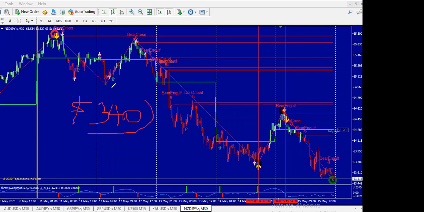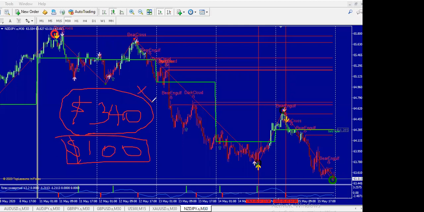So we were able to calculate the minimum of $340, starting with a $100 account in a week. So if you do this for 4 weeks, you'll be having about $1,200 and above, starting with just $100. And this is just trading one currency pair at a time.